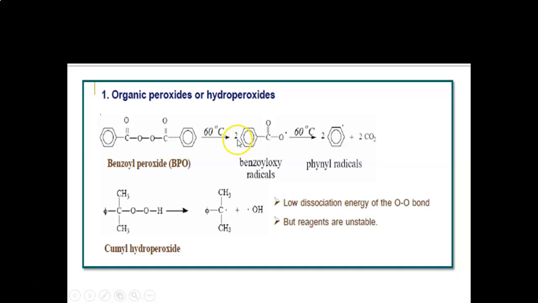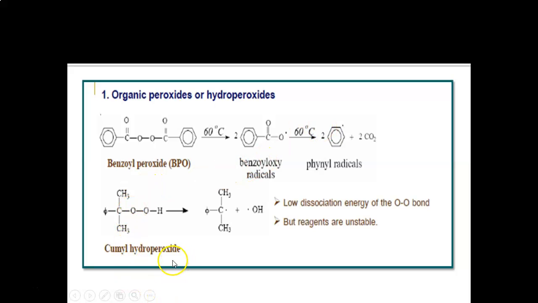If you don't want to write 2CO, you can write C double bond O together with active site plus C double bond O benzene ring together with active site.